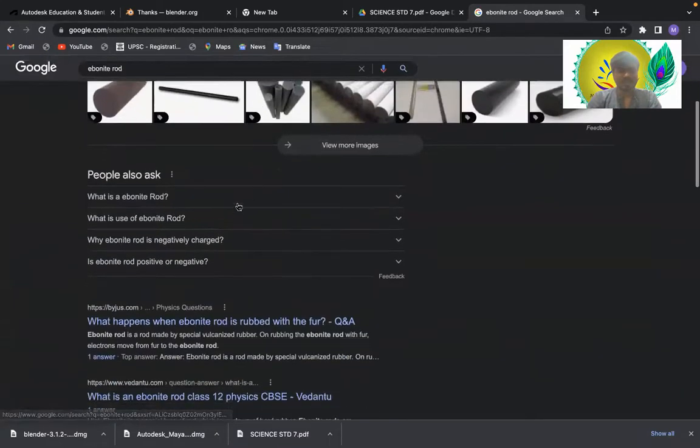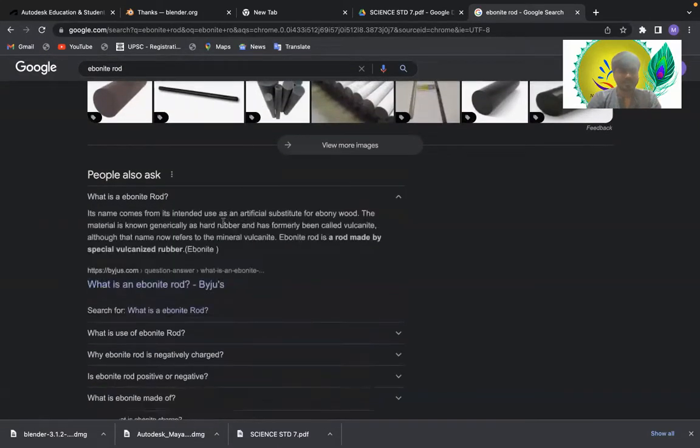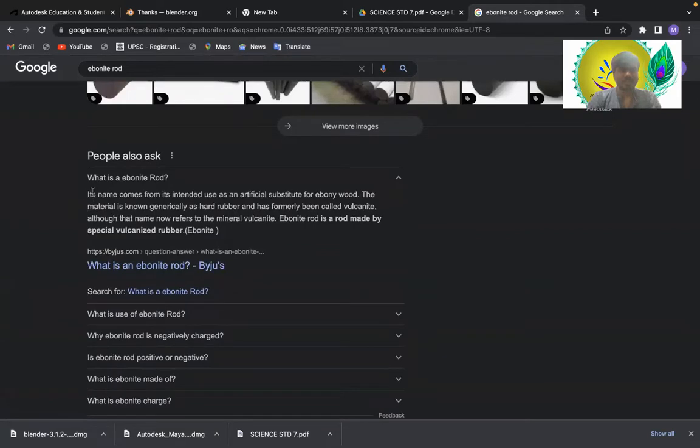So what is an ebonite rod? Its name comes from its intended use as an artificial substitute for ebony. Ebonite is made by vulcanized rubber.